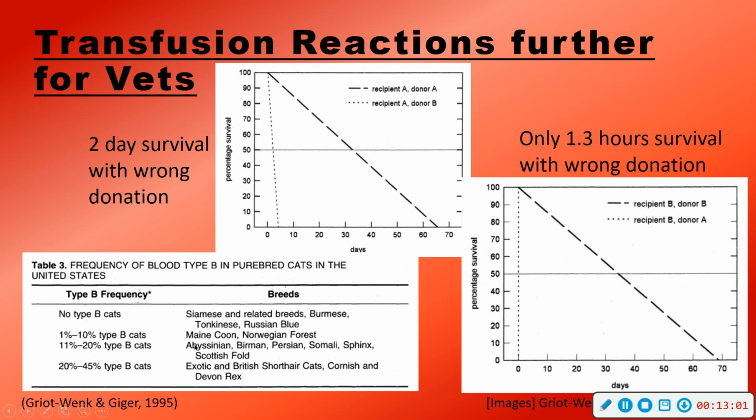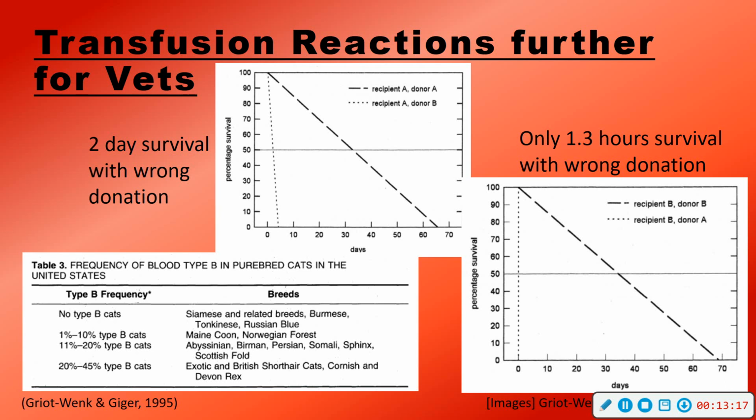Then here's the list where 1 to 10% were type B, then 11 to 20, and 20 to 45. They really even broke it down by breeds for these vets.